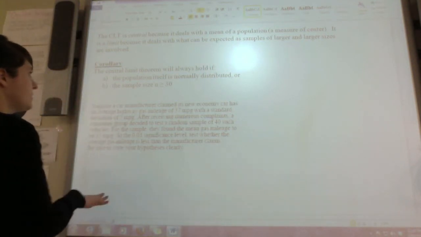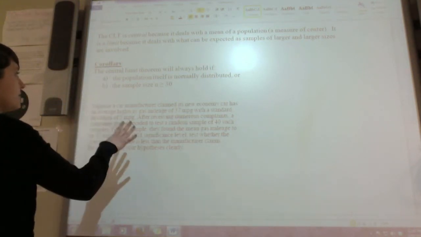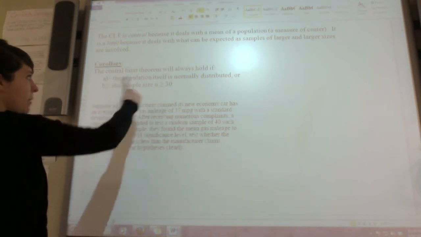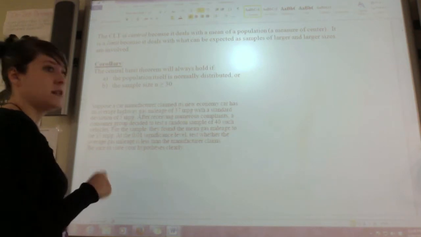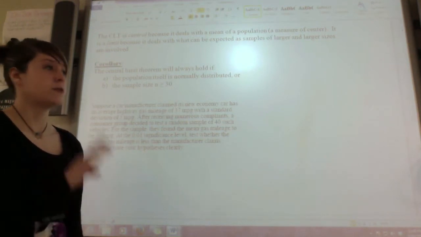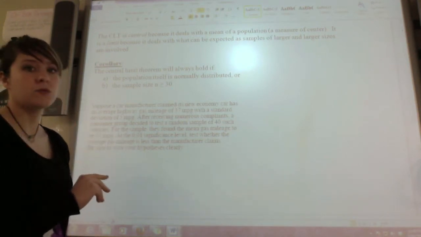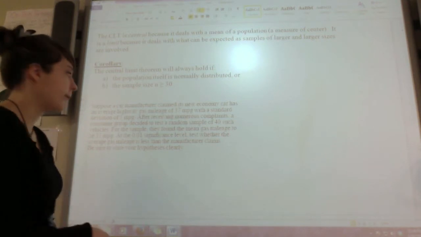So a corollary to the central limit theorem says that the central limit theorem will always hold if the population itself is normally distributed or if the sample size is greater than or equal to 30. So as long as one of these two things occurs, we know that the central limit theorem will hold.